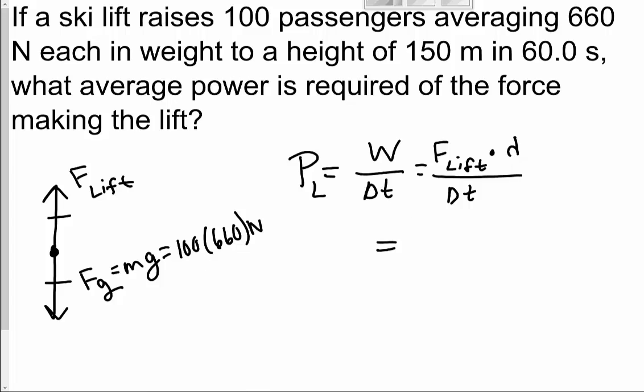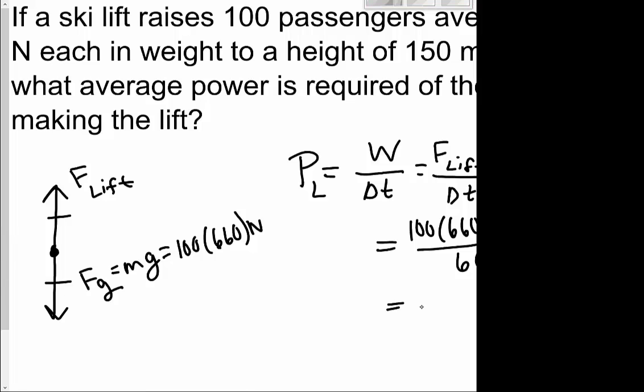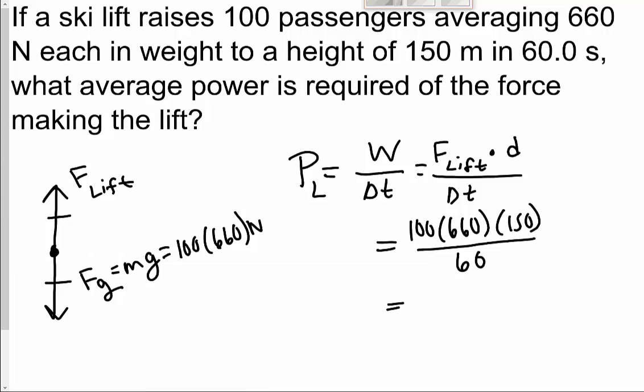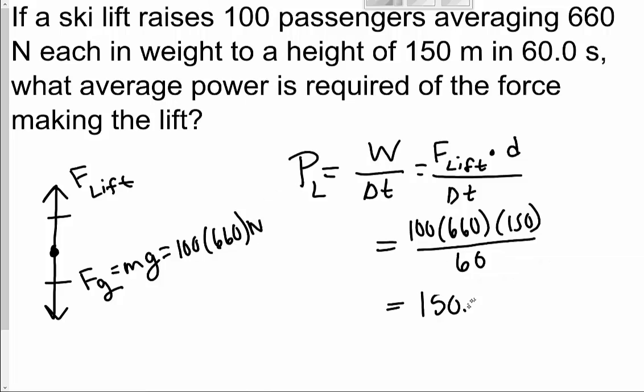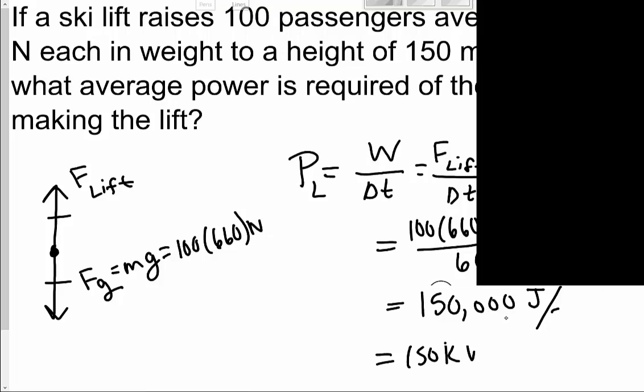That would be 100 times 660 newtons, the lift force, times 150 meters, divided by 60 seconds. That ended up being 150,000 joules, or excuse me, joules per second. It often requires a lot of power to do any work. So we could write this as 150 kilowatts.